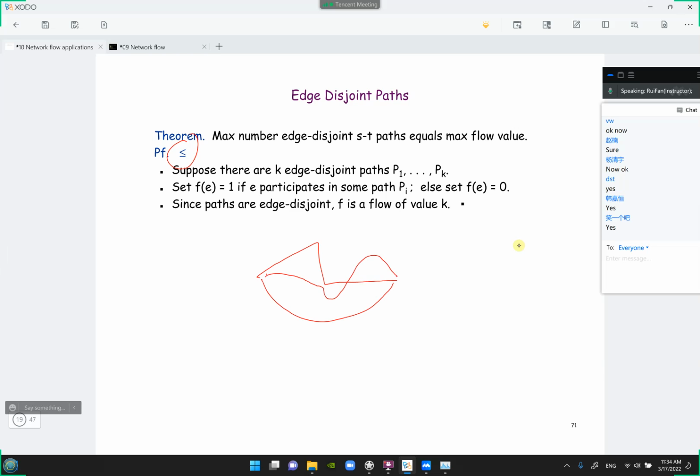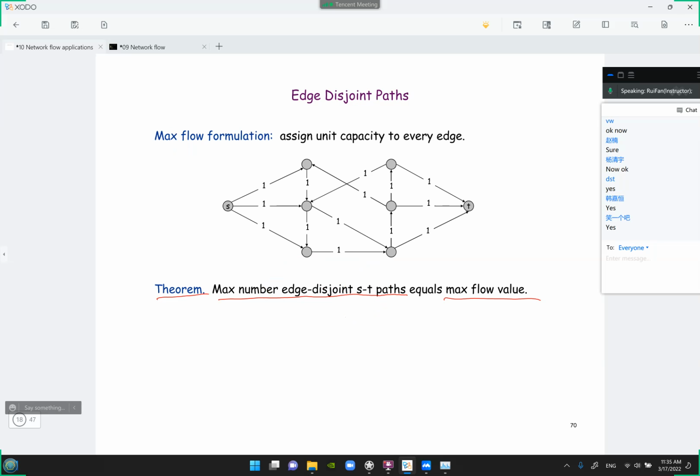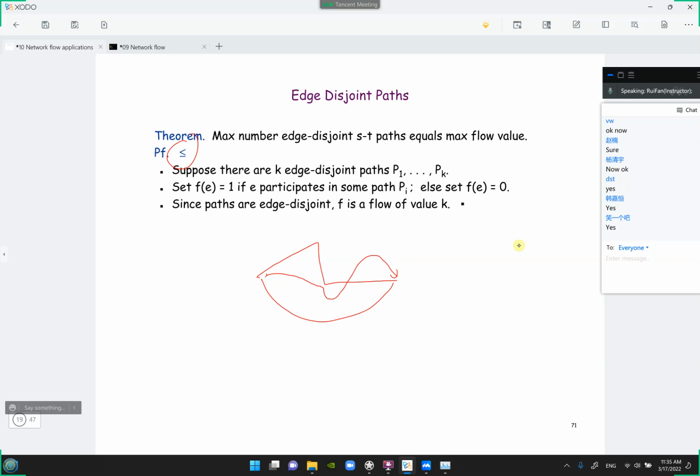Now we're going to build this flow graph where all of the edges have capacity 1. And for each of these paths, we're going to send 1 unit of flow on each path.